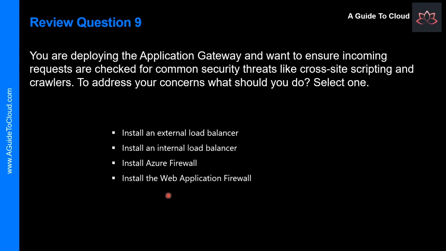So the correct answer is install the web application firewall. The web application firewall is an optional component that handles incoming requests before they reach a listener. The web application firewall checks each request for many common threats based on the Open Web Application Security Project or OWASP.